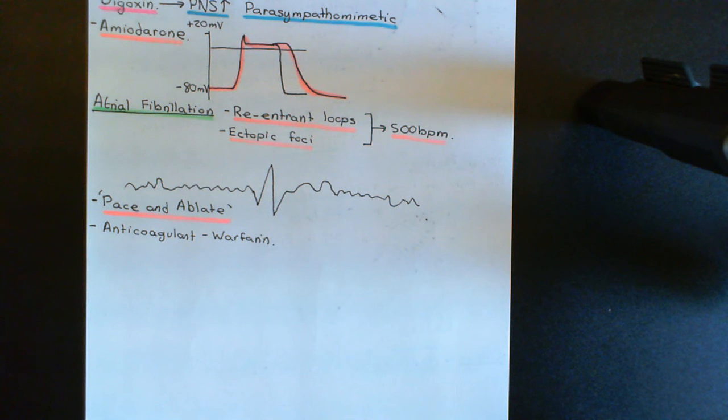So it will look more like the atria are shuddering. They're not doing a nice contraction and then relaxation. Instead, they'll just be in the permanently contracted state, shuddering. Okay, and that means that they're not really moving blood that much.